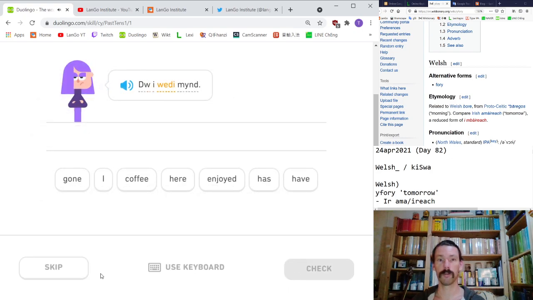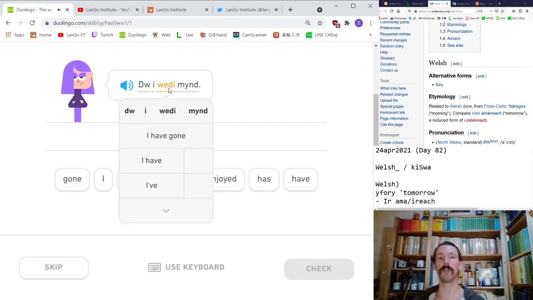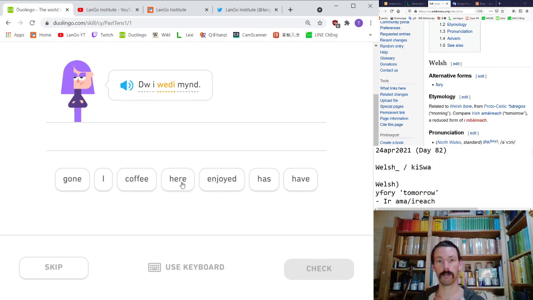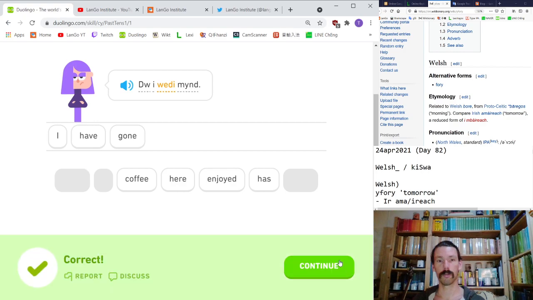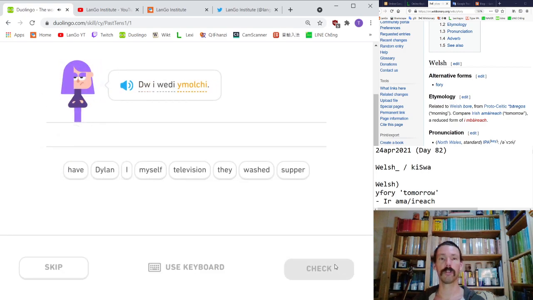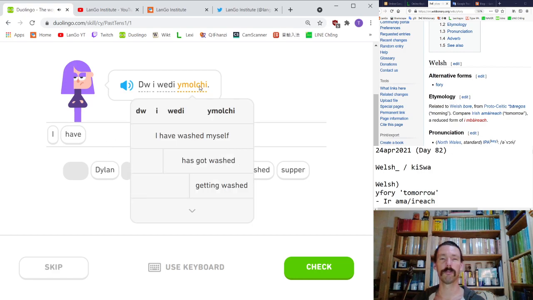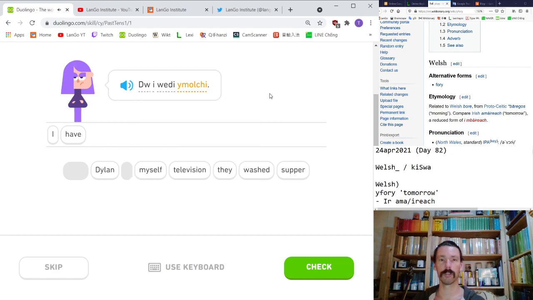Dwi wedi mynd. See wedi before in wedi blino. Wedi. Okay. Wedi. Dwi wedi. I've gone. Dwi wedi ymolchi. Dwi wedi, I have. Ymolchi. Getting washed.